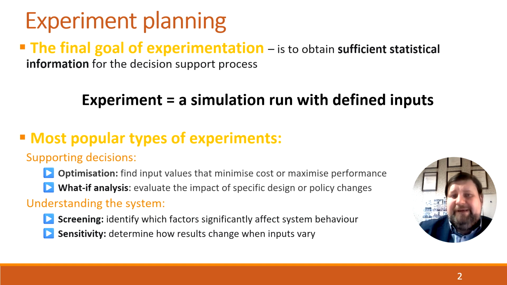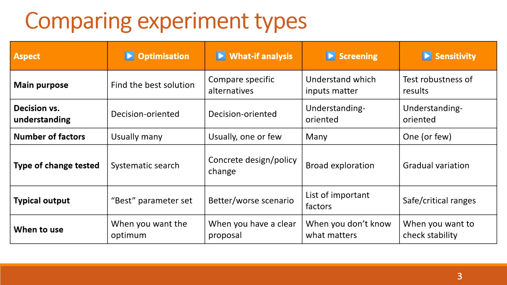So choosing the right experiment type should always be driven by the decision we want to support. The following table summarizes the key differences between the main types of simulation experiments which we have just discussed. As you can see, the table shows aspects like main purpose, decision versus understanding, number of factors, type of change tested, typical output, and finally when to use the specific type of experiment.